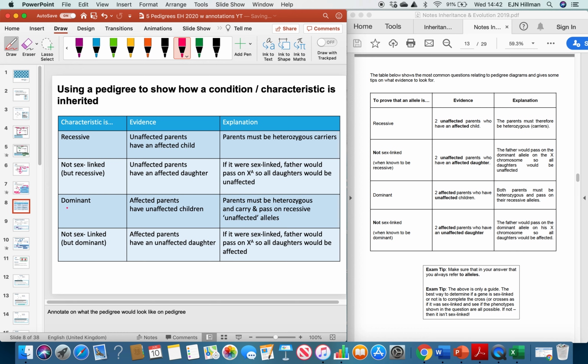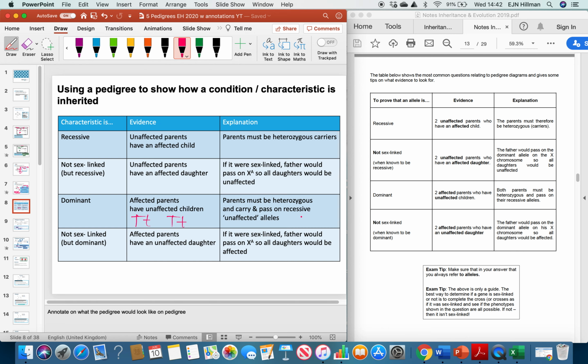Okay, evidence for dominant allele. So affected parents have unaffected children. You might question that, but if they're affected parents, perhaps they are heterozygous again. Okay, there is a possibility if the parents are affected, if it's dominant, these two would both show that phenotype.